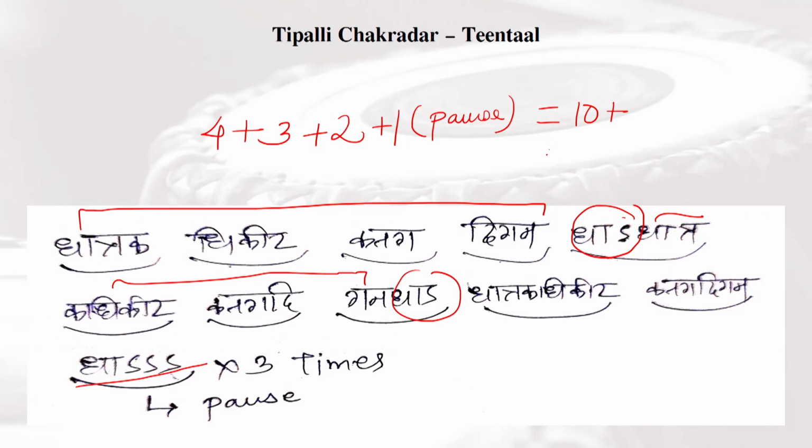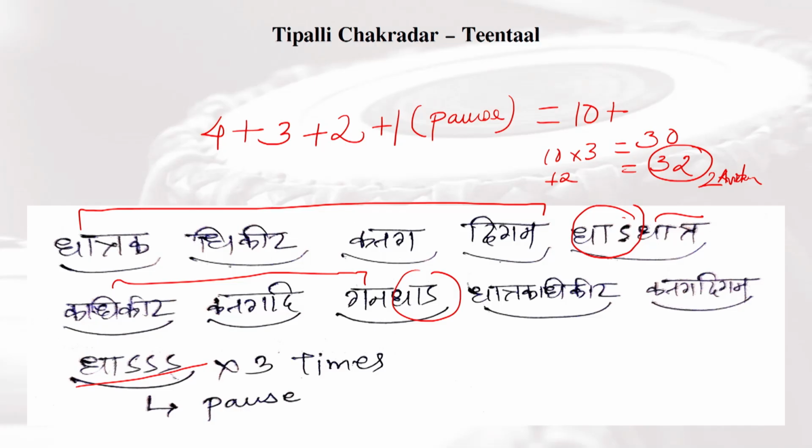So 10 into 3 we get 30 plus 2 matra pause is equal to 32. So we get this Chakradhar in 2 avartan of Teen Tal. So let's play this Chakradhar.